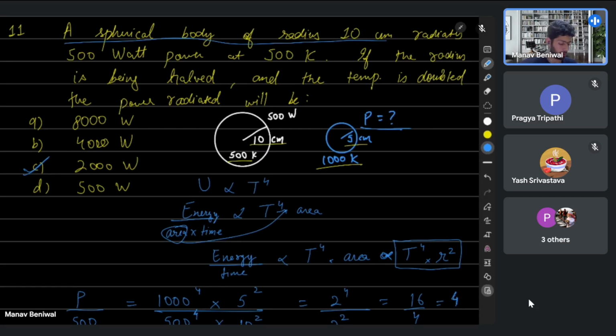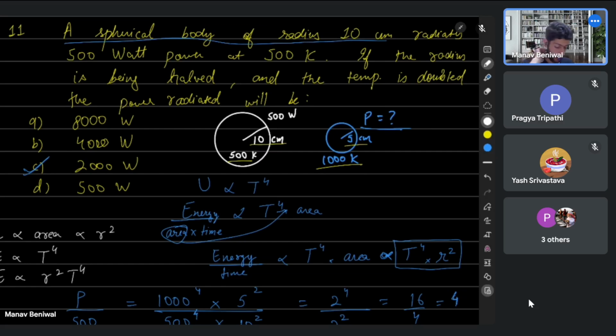Therefore, your energy will be proportional to your area. And from the Stefan Boltzmann law, we already know that this is also proportional to the fourth power of temperature. And area for a sphere is proportional to the square of its radius. So combining both of these things, we can write E proportional to R squared and T to the power 4.